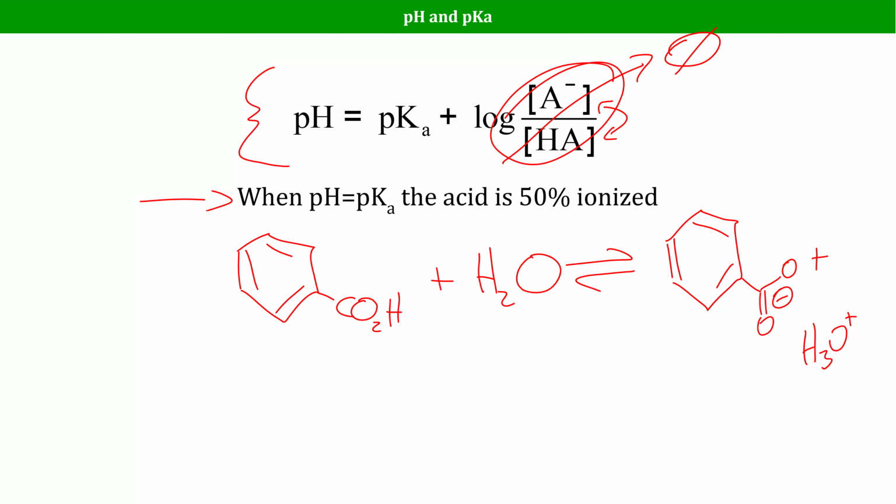Because if we wanted the benzoic acid to dissolve in water, which form do we want it in? Protonated or deprotonated? Deprotonated. So benzoic acid should dissolve better in basic or acidic solutions?